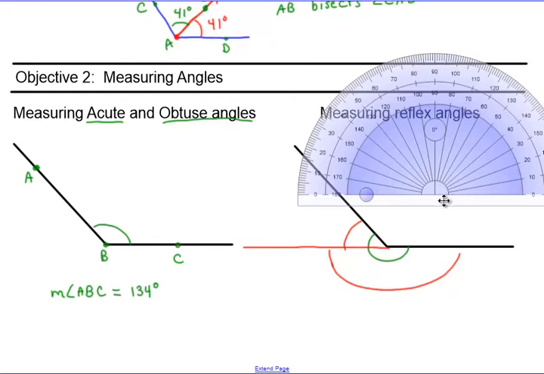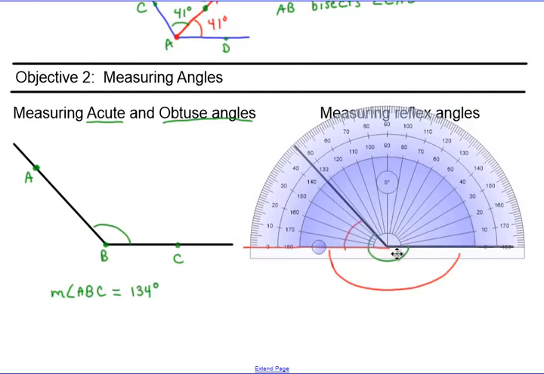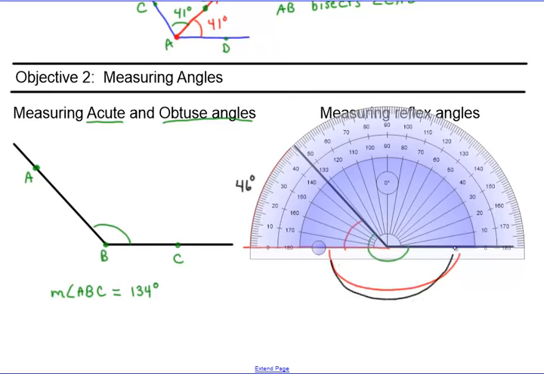So how are we going to do that? Well, we can see that from here to there is 10, 20, 30, 40, 46 degrees. So we have 46 degrees here. And remember what I said about this? This is 180 degrees.